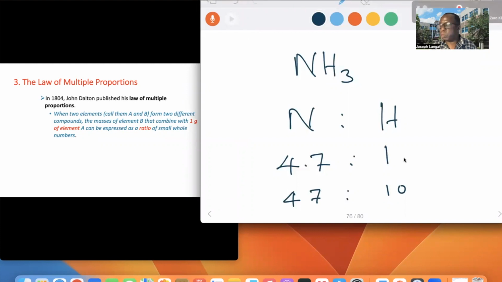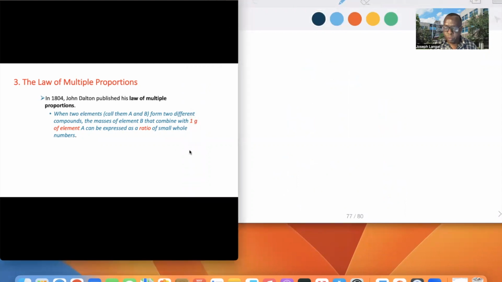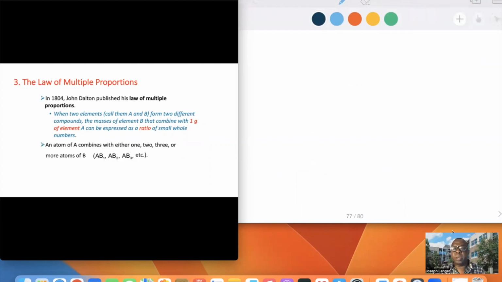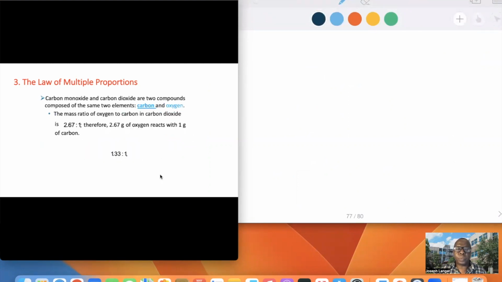Now, for the law of multiple proportion, if we use A and B, you see the ratio is 1:1, 1:2, 1:3, and so forth. We're using here the example of A and B for the two elements. Here using oxygen and carbon, we take the mass of oxygen and carbon in carbon dioxide. The ratio is 1:1.3.